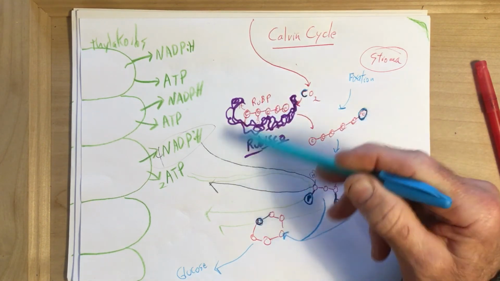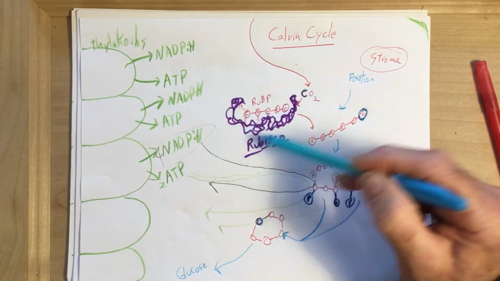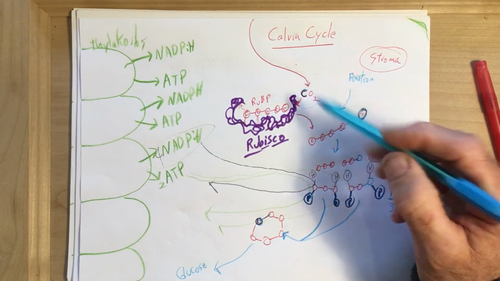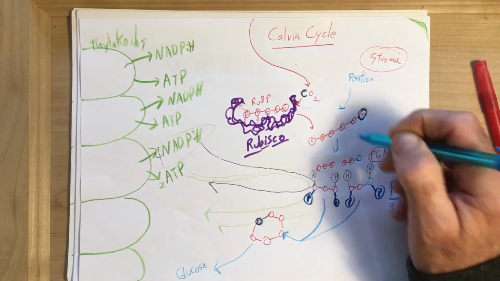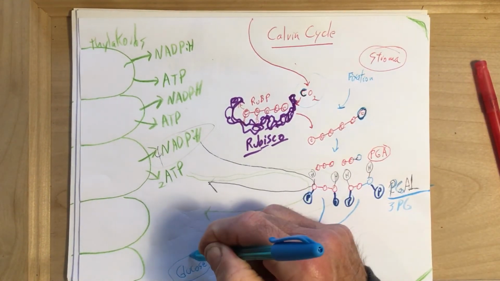So imagine this thing goes around 6 times. I do this same process with 6 different RuBPs, 6 different rubiscos, 6 different carbon dioxides. If I do this 6 times, I will be fixing 6 brand new carbons from the outside, which means I can take a glucose out, right?